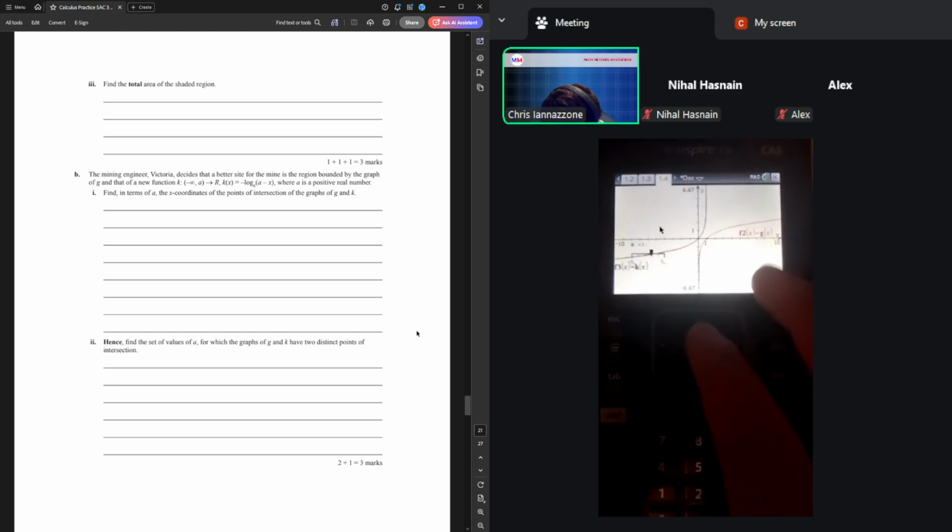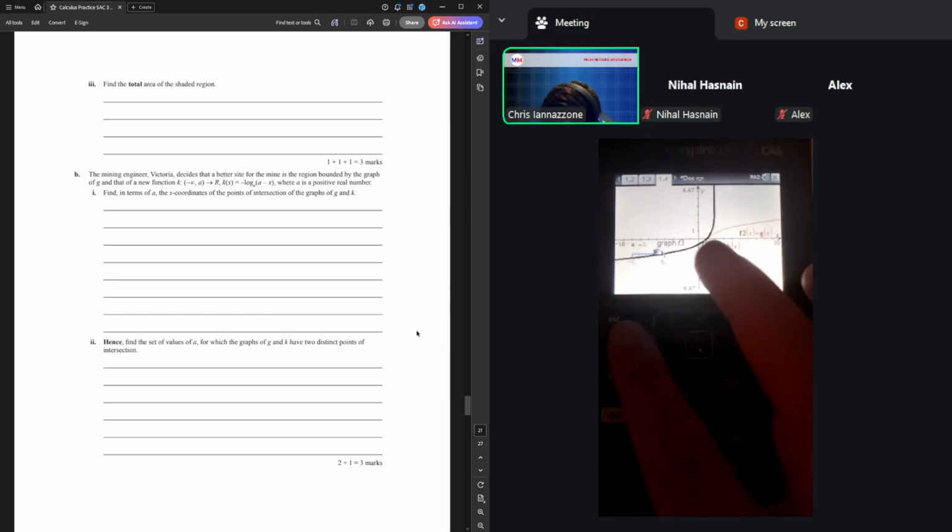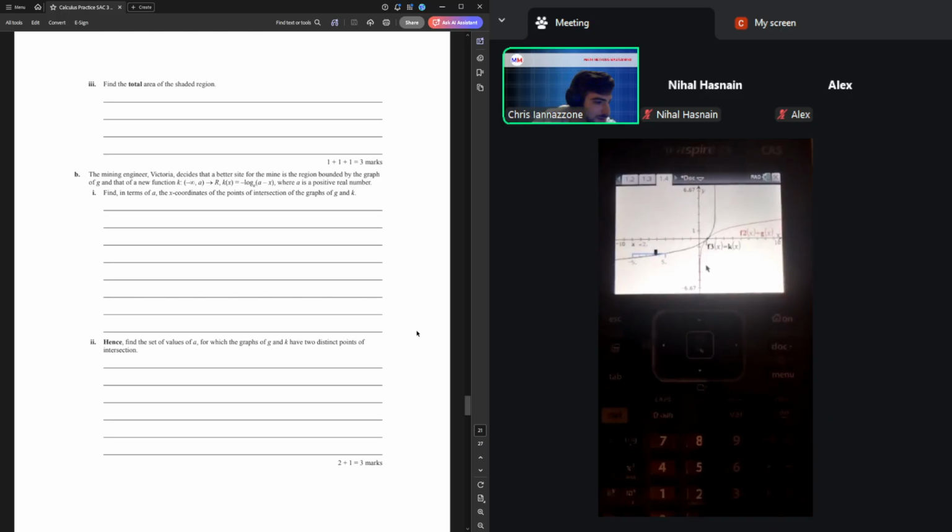And by breakpoint, I mean when we had a equals 2, it looks like it's tangent there. And that would be one distinct point of intersection rather than two. It looks pretty tangent, so that'll be a nice little starting point to think about.